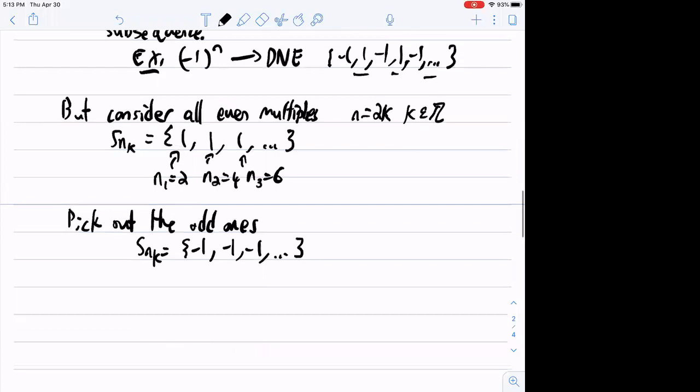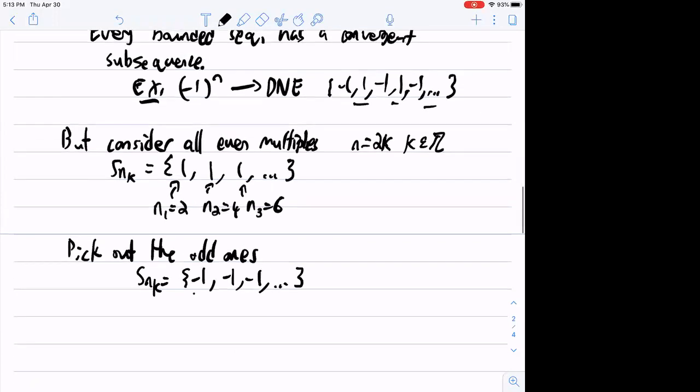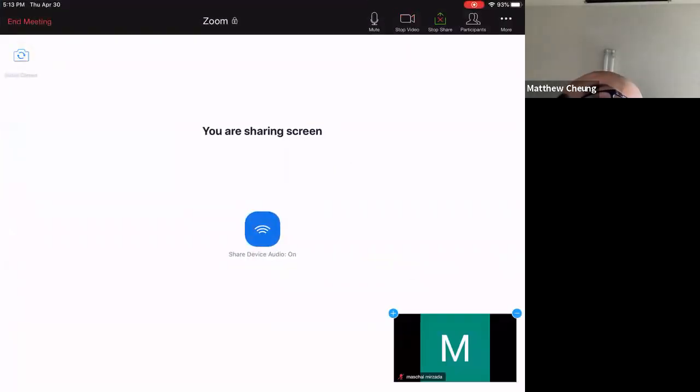So this is certainly n1 is 1, n2 is 3, n3 is 5, and so on and so forth, right? Okay, any questions so far? Just making sure everyone's on the same page. Okay.